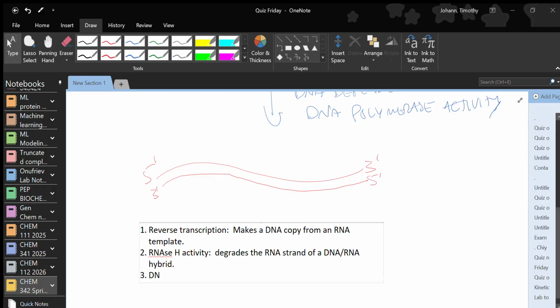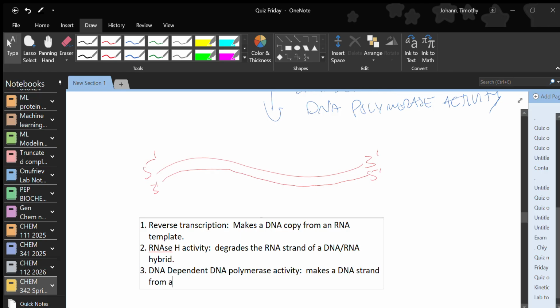And that's DNA-dependent DNA polymerase activity, which makes a DNA strand from a DNA template.